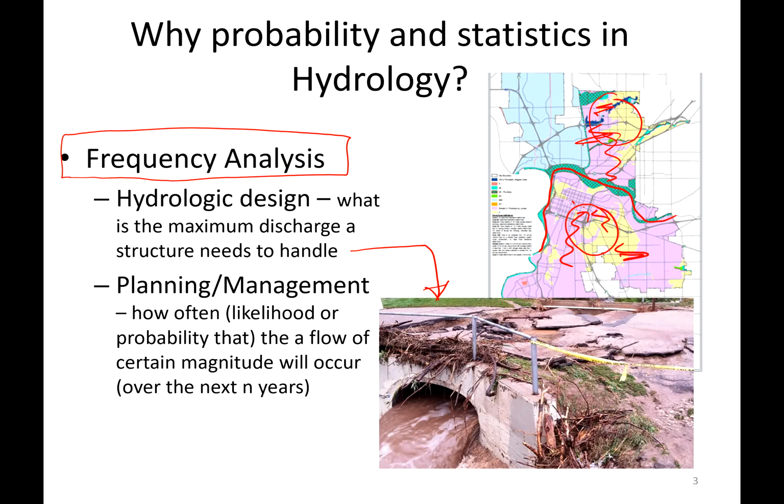If it is less often, then you can delineate that floodplain, and people can buy flood insurance and so on. So both for hydrologic design and water resources planning and management, we have to do statistical analysis in hydrology. That's why we are doing this.